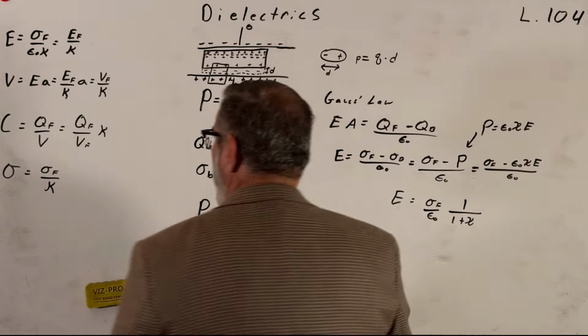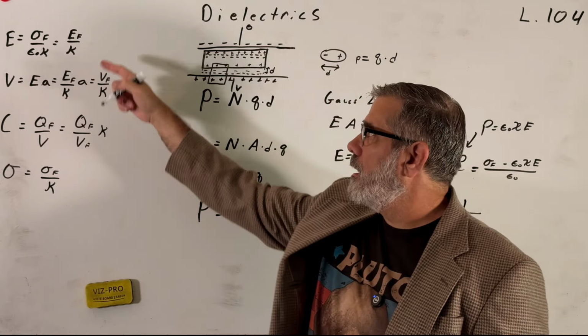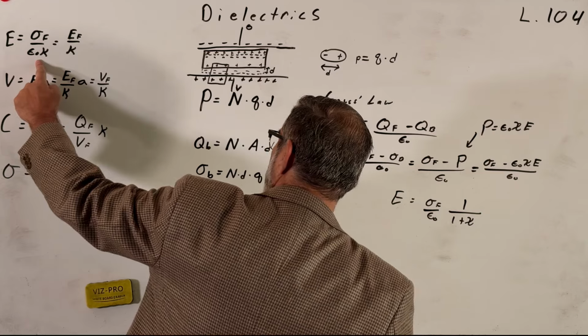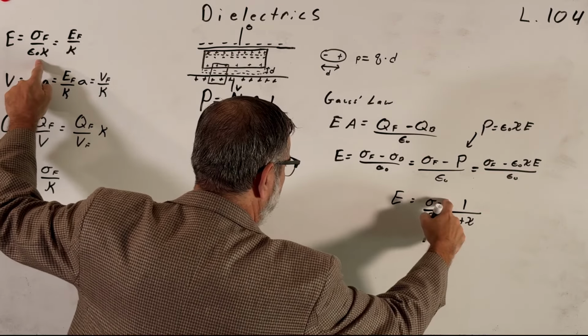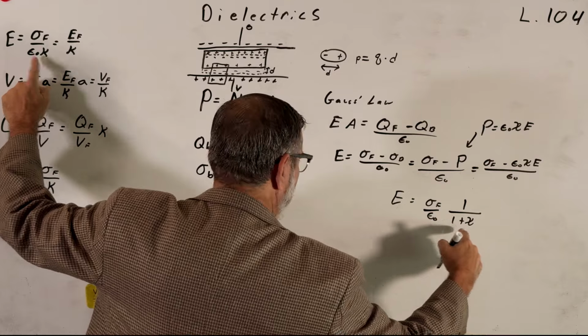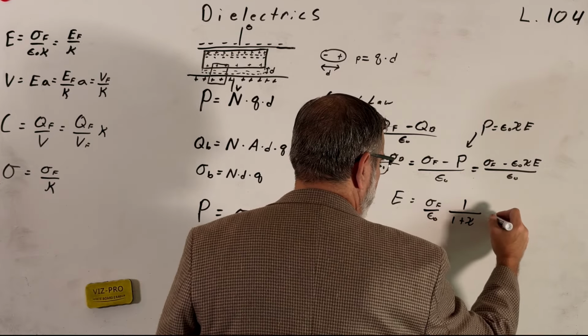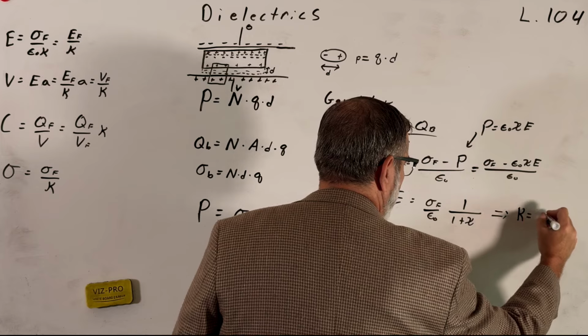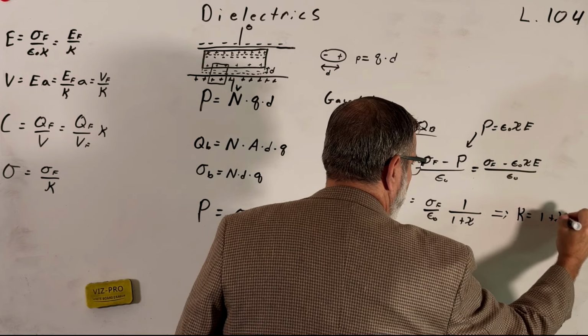And if we look back at this equation, specifically sigma sub f, the free charge density, over epsilon naught times the 1 over kappa, this seems to imply that our dielectric constant kappa is equal to 1 plus chi, the susceptibility.